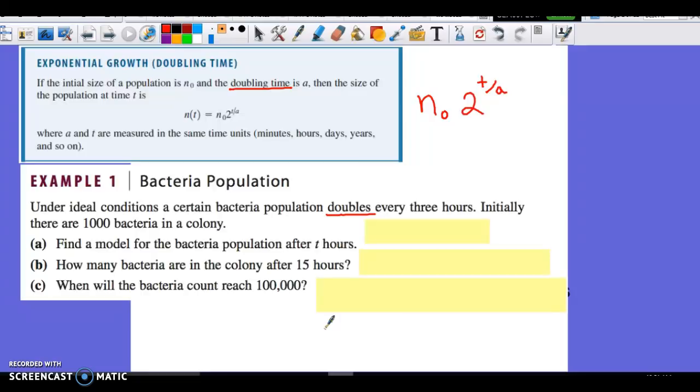This is really what we did early on in the sections. And then we're going to get into the newer stuff where I'm actually going to work backwards and use my algebra skills to solve. So think for a second about what an equation would look like with this scenario using that formula.